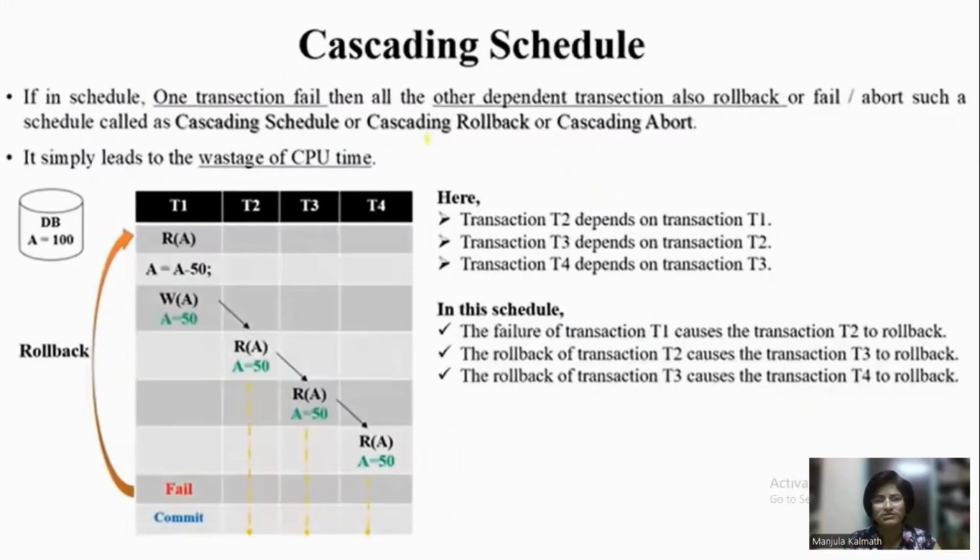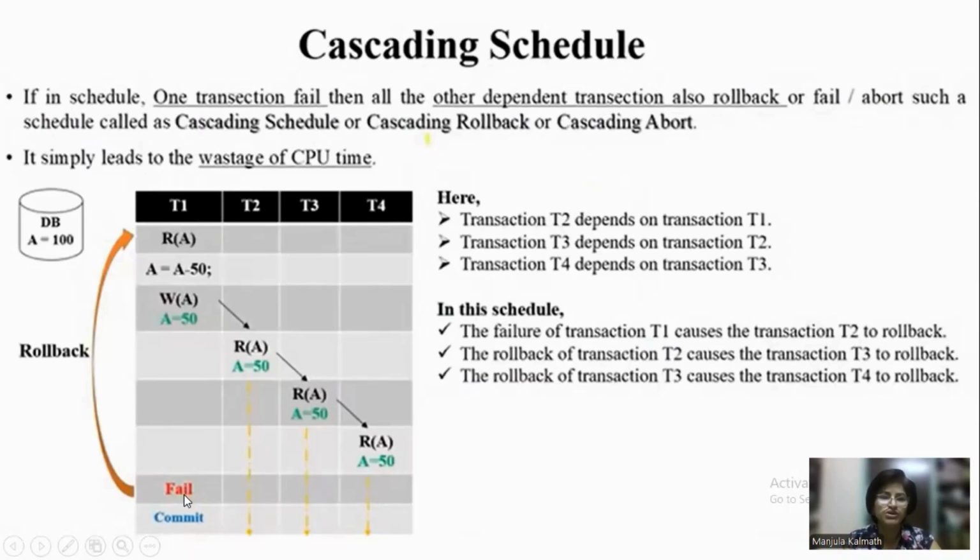Cascade means multiple operations consecutively, taken in subsequent steps. Now here we have a read A, where A is 100, minus 50, gives 50. That is still not committed, and it will be writing A equals 50, and that 50 will be read by T2, T3 as well as T4. All these transactions will be reading the updated value from T1.